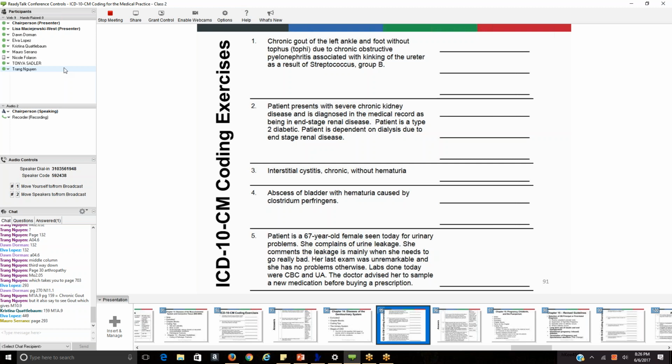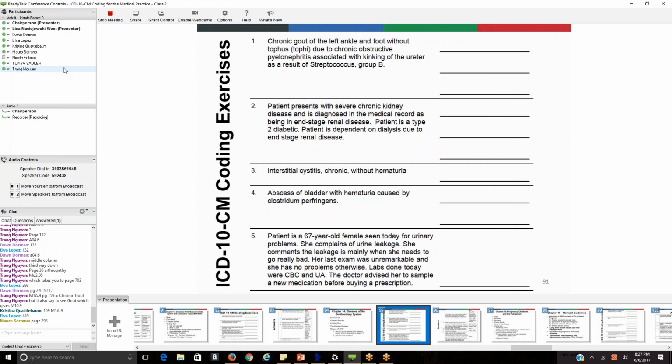Going back to Chapter 13. M1A, other secondary chronic gout. Code first associated condition. So this one is not going to be primary. This is going to be our secondary code. It's M1A.3, chronic gout due to renal impairment.